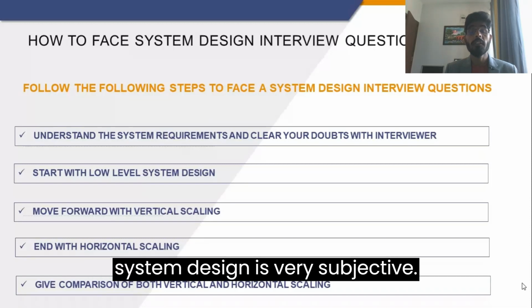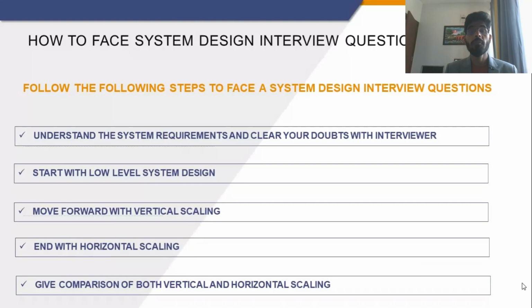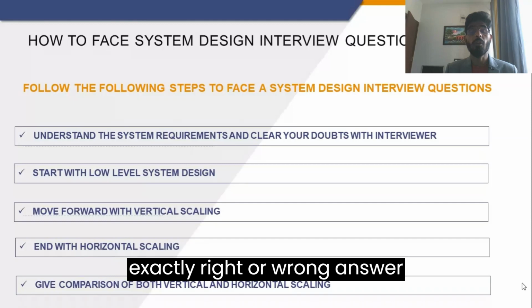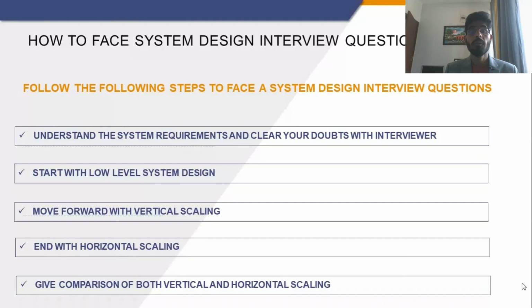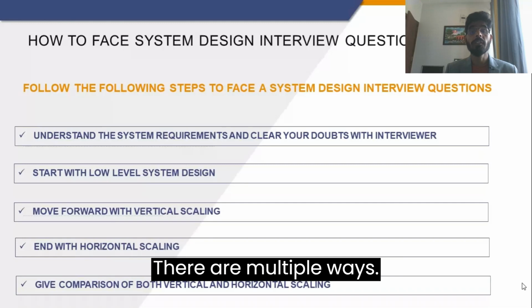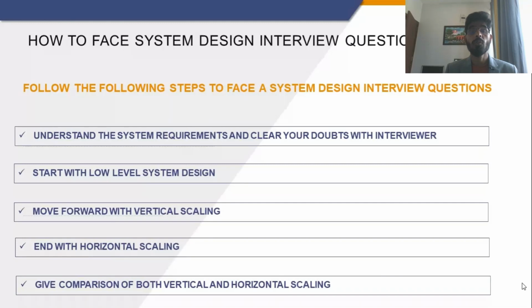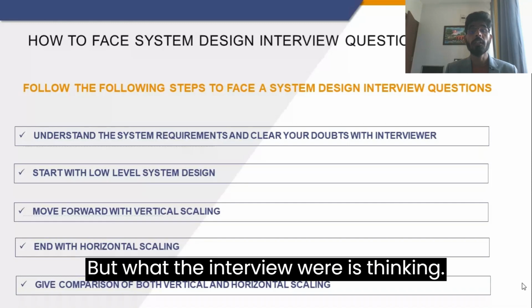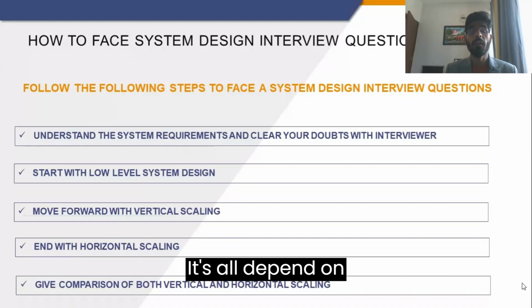System design is a very subjective concept. There is no exactly right or wrong answer for system design questions. There are multiple ways to design a system, but it all depends on what the interviewer is thinking.